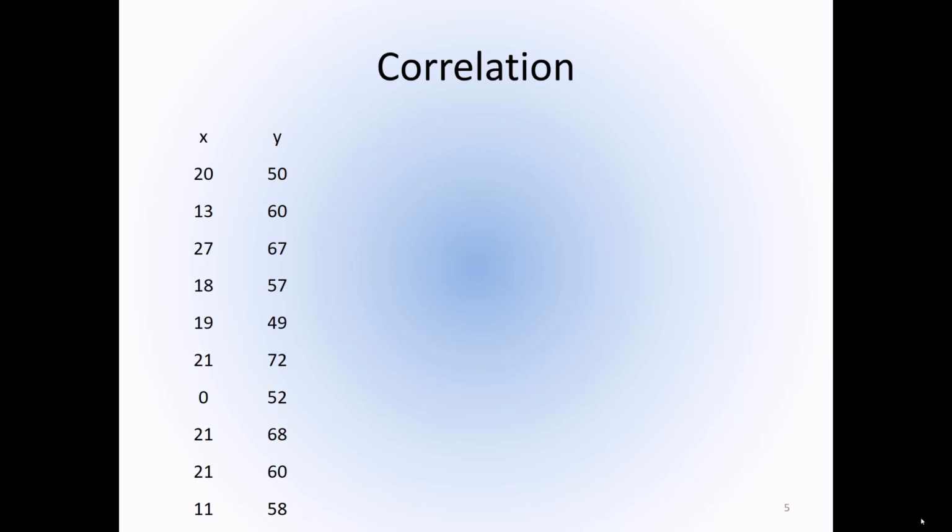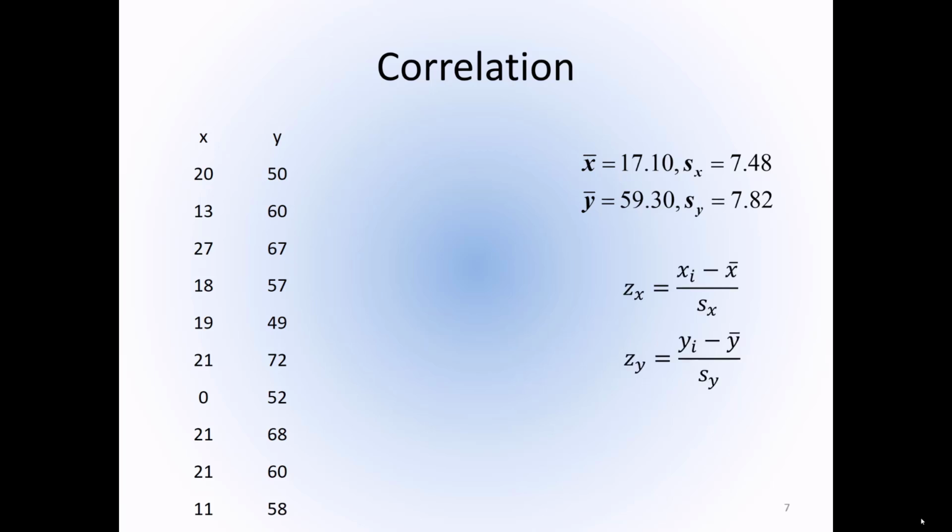So the first step will be to calculate the mean and the standard deviation of our x's and our y's. Now, if you are given the mean and the standard deviation of x and y, it might be an indication that this is a more timely means of calculating the correlation coefficient. But again, you can use the first formula if you want.